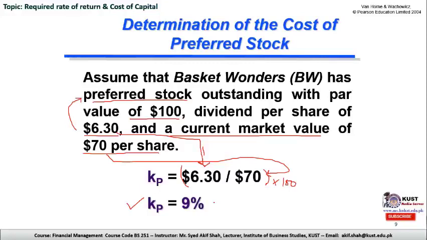In other words, we can say that if the company has financed $100 with the help of preferred share source, then on each $100, the company is required to pay out $9 as its cost of utilization annually.